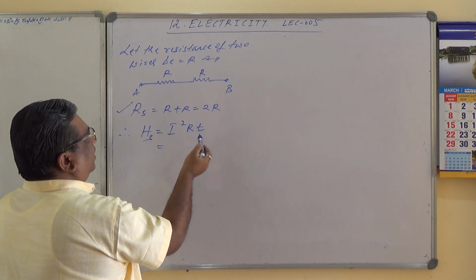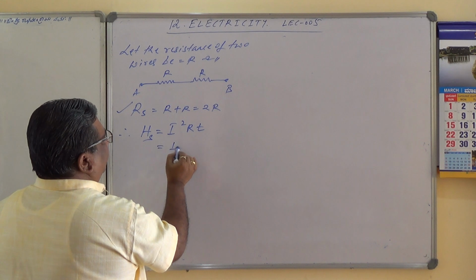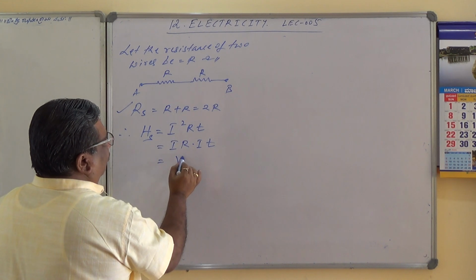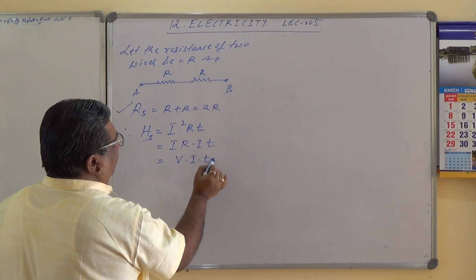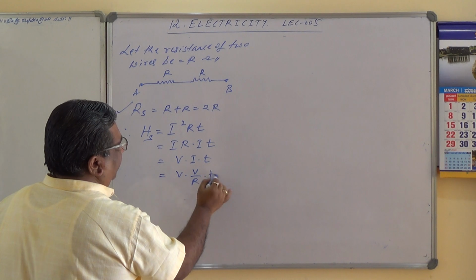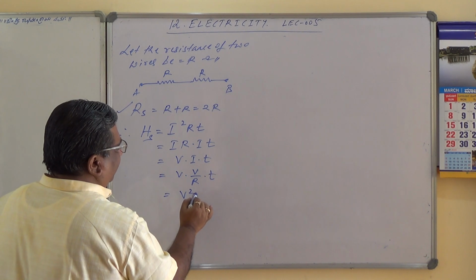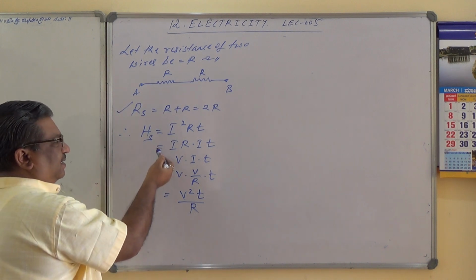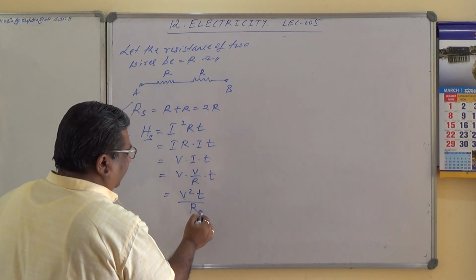I square into RT can be written as IR into I into T, which is V into I into T, V into V by R into T, so V square T by R. This is HS, and therefore here it is RS.